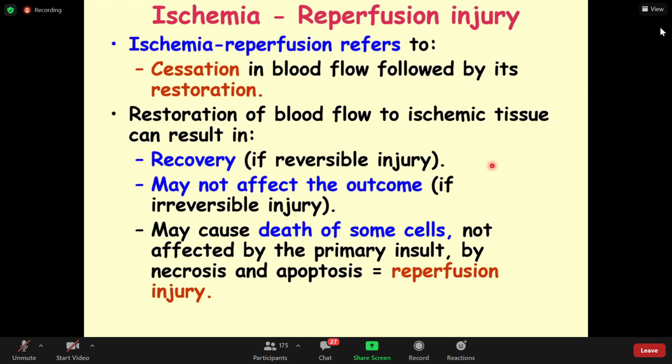And the end result is that those cells are going to suffer from the free radicals, are going to suffer from the increased calcium, and they are going to be damaged. So in this case, you will see that the damaged area will extend beyond the blockaded area. Is that clear?